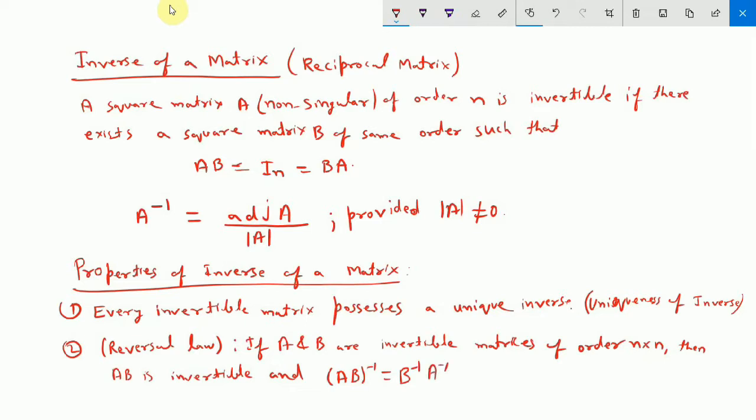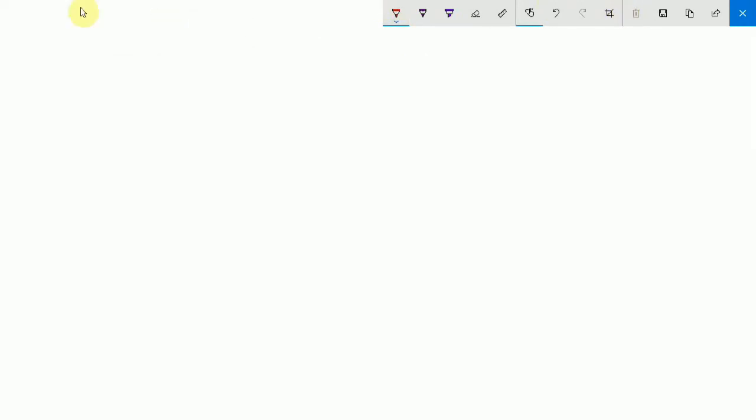Okay, friends. So we will clear it and continue with properties. So the third property is, here properties continue.